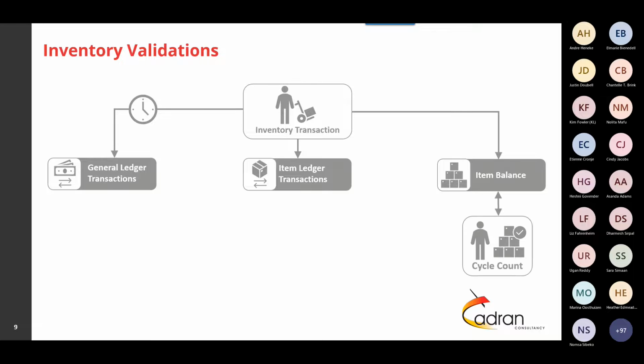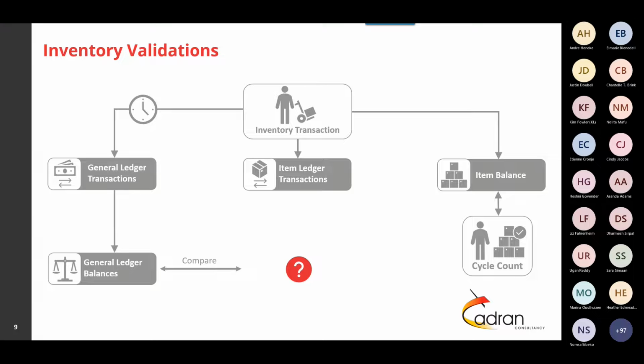Your item balance is the one you will use for instance for your cycle count, and that's the one used to visually check if what is on stock is actually in the books and that matches. On the other hand, for your reporting, you will use your general ledger to report your results. And how do you validate your general ledger balances for your inventory?